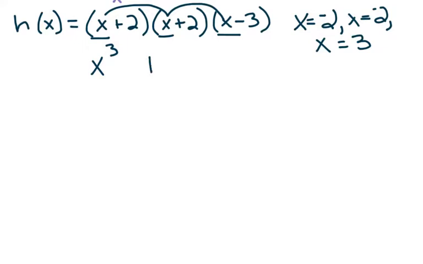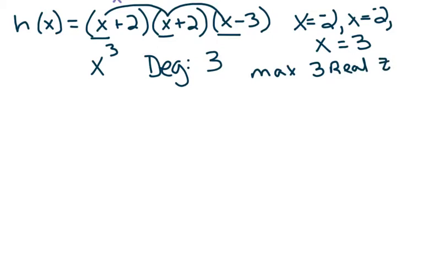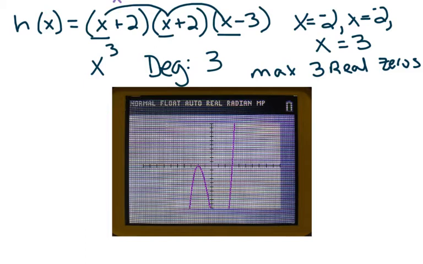So my degree is 3, and that means I could have a maximum of 3 real zeros. Now, put that in your calculator and check it. Do we have 3 real zeros? We don't have 3 real zeros, we only have 2. There's 1 here, and there's 1 here.